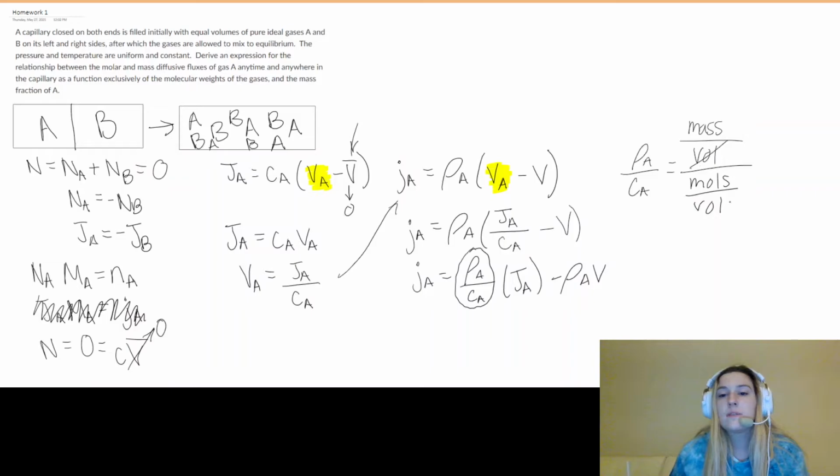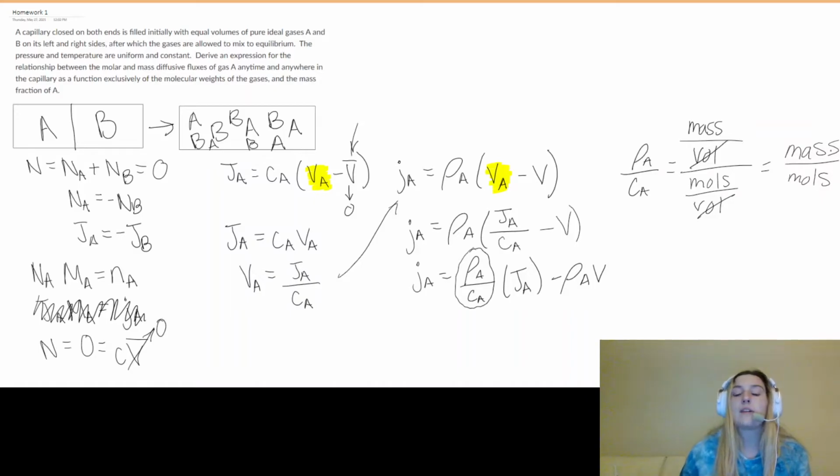So this simplifies to mass over moles, which we know equals the molecular weight of A. This is the mass of A over the moles of A. So we can plug that in for this term.